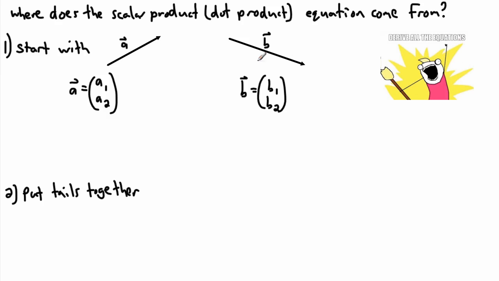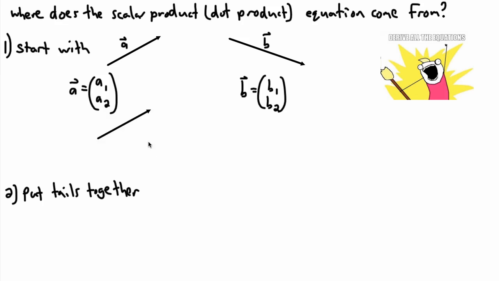Let's figure this out. So we're going to start with a vector A, and it's going to be a generic, general, regular old run-of-the-mill vector, A1, A2, and we're going to have another one called B, which is B1, B2. And we're going to start by putting those tails together. I'm just going to start by drawing this one. I'm going to copy that, and then I'm going to paste that.